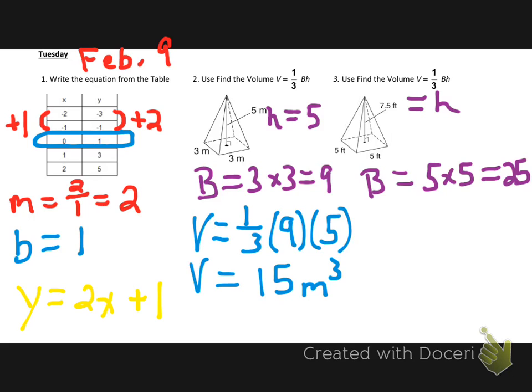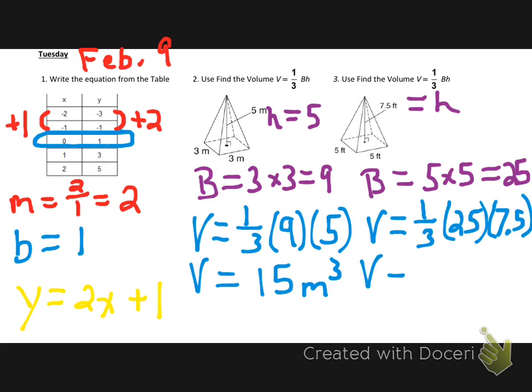Now to find the volume, we're going to take 1/3 that area of the base, which is 25, times that height, which is 7.5. We plug that into our calculator, we're going to get 62.5 feet. Remember, volume is cubed.